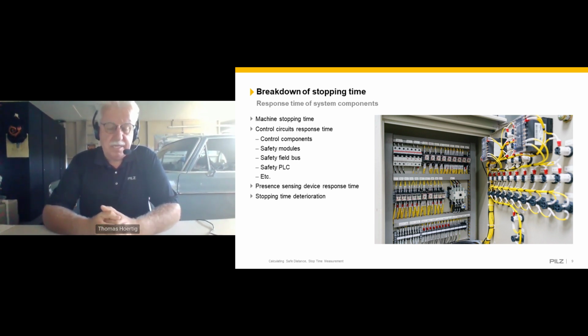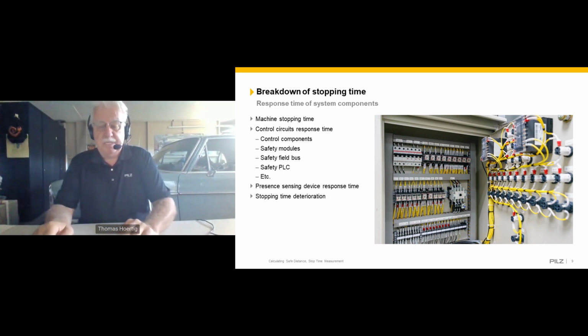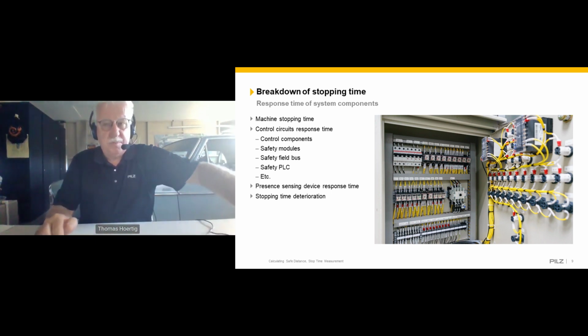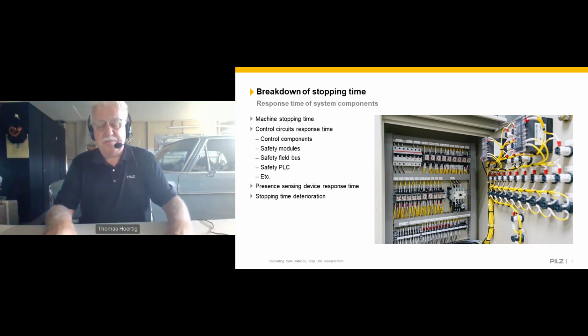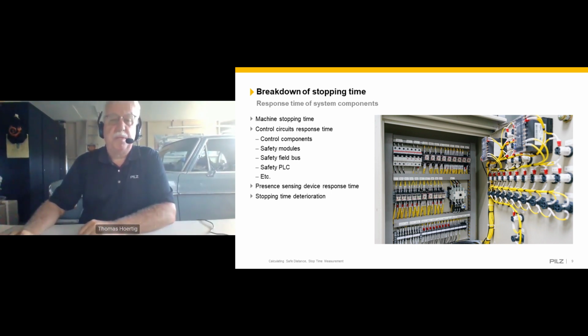This all plays a role for the control circuit response time. Then, as we have seen previously, we have the response time of our presence sensing device. And then we have, for example, possible stop time deterioration over time for certain equipment that you need to take into account. That's why these measurements should be done frequently if there's a chance that you may have a time drift on specific equipment.